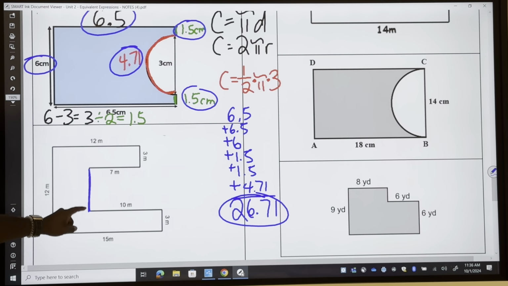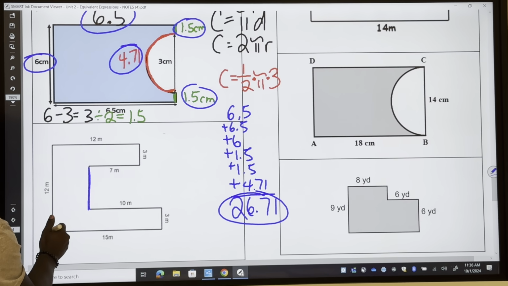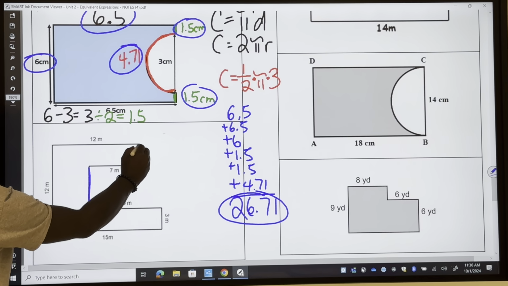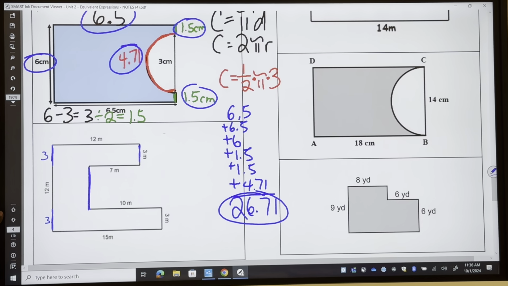Well, to figure out this missing one, I have to use what I already know, okay? And what I already know is this part of it is 3. So that means from here to here, this part of it is 3, okay? And then I'm trying to figure out what this is, but I also know that this side over here, this part is 3. Okay?